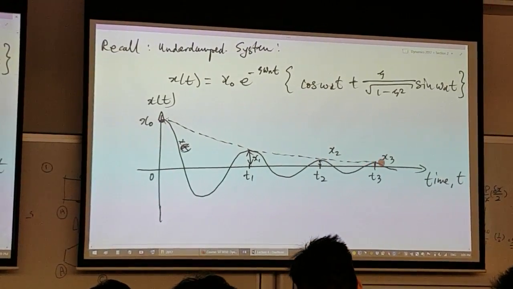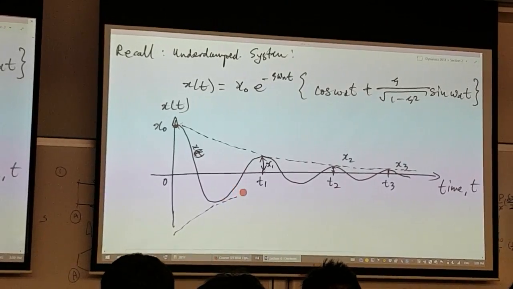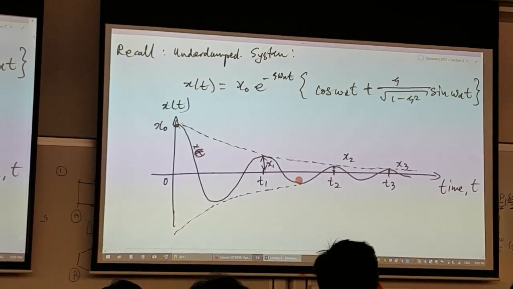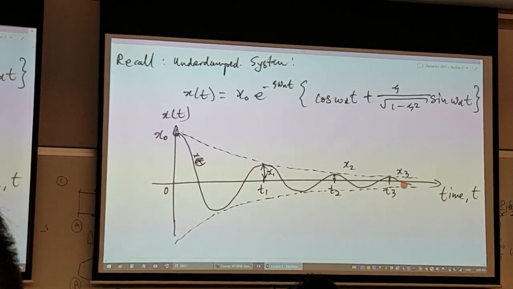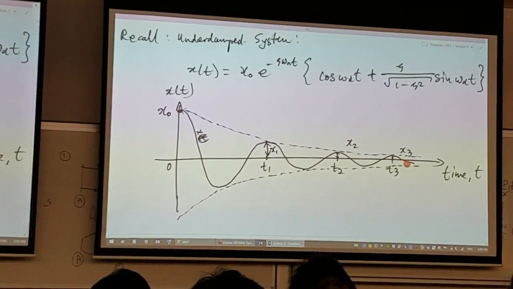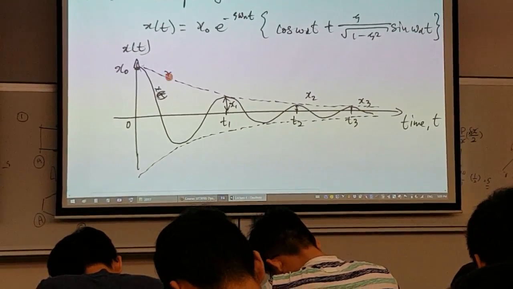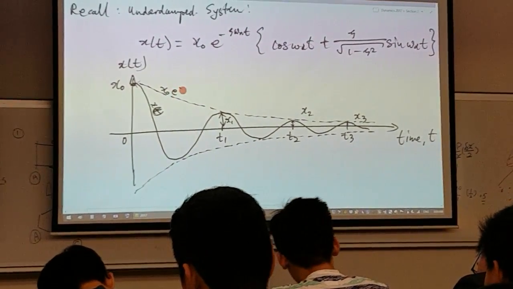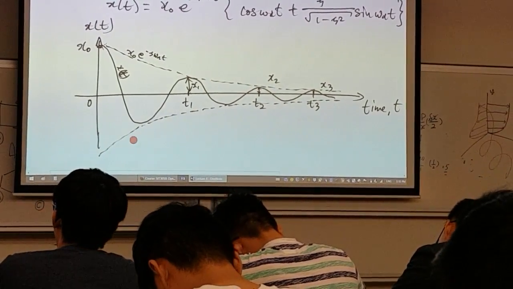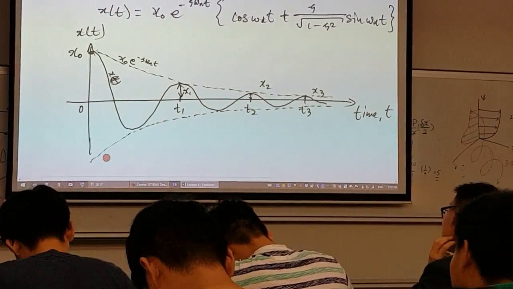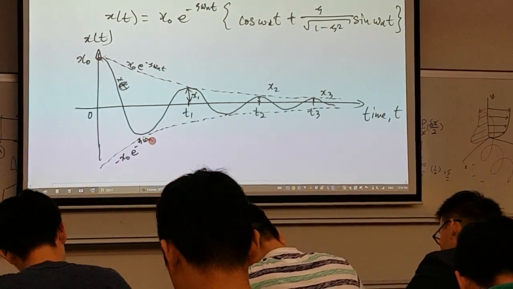It would decay both at the positive and symmetrically negative side. Right. So the top part, that dotted line, it has an equation. That equation is x naught e to the power minus zeta omega n t. That dotted line that's at the bottom is minus x naught e to the power minus zeta omega n t.